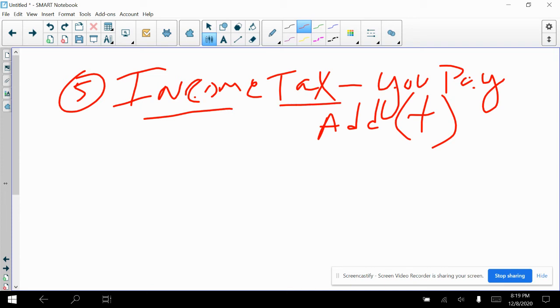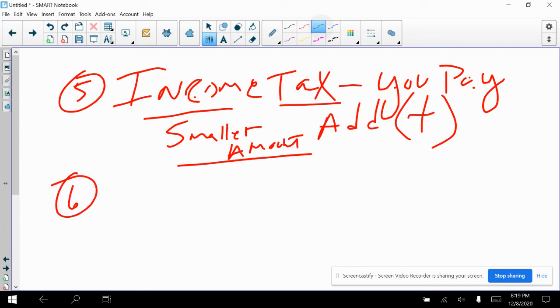Sometimes cities have a 1%, 2% income tax for working there, and they will tax you. The good news is this is generally a smaller amount of money, not a large sum, because everybody is paying the income tax.